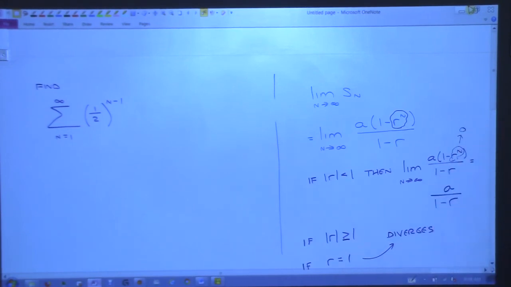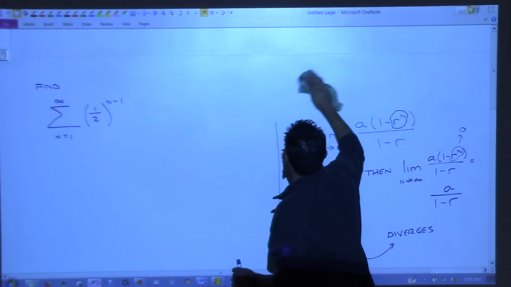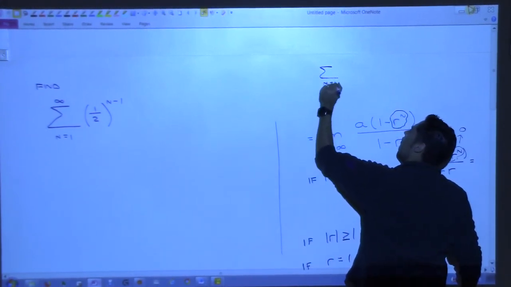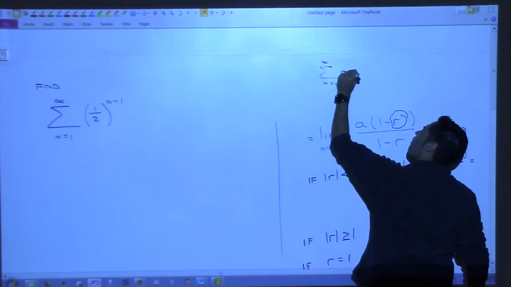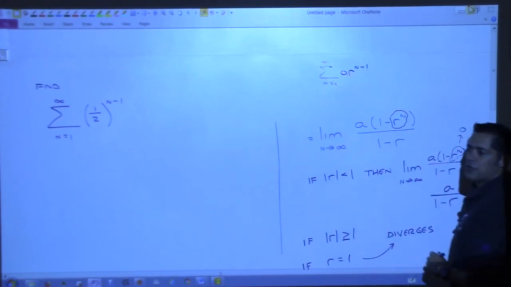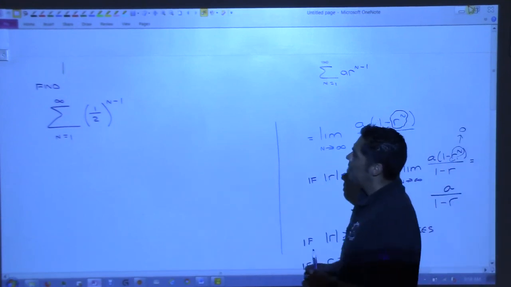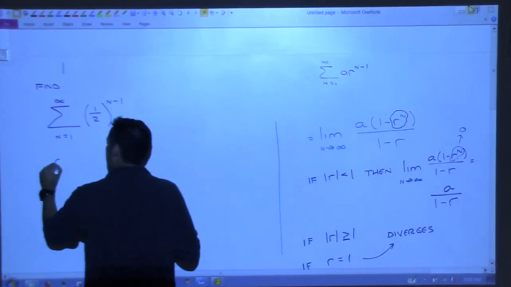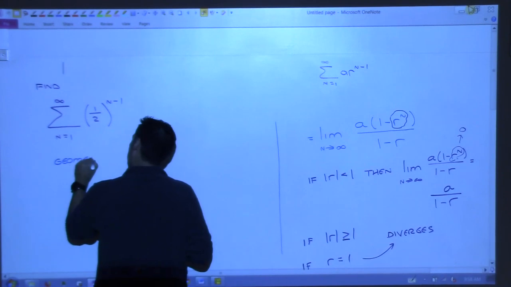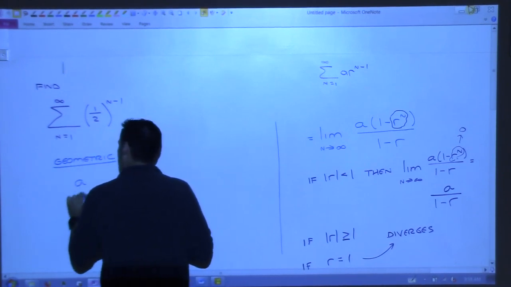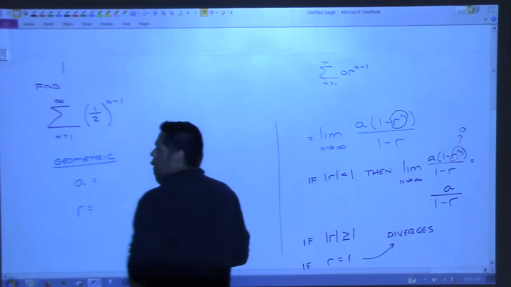Now, all geometric series, I'm going to put this over here in the corner, all geometric series look like this. That's what we started with. So is this a geometric series? Yes? Okay, if you're seeing that, then you need to be able to tell me what a is and what r is.